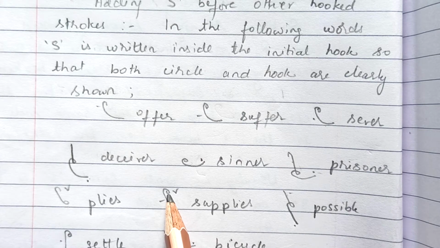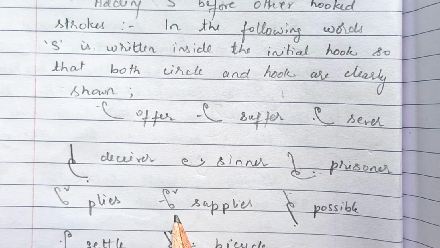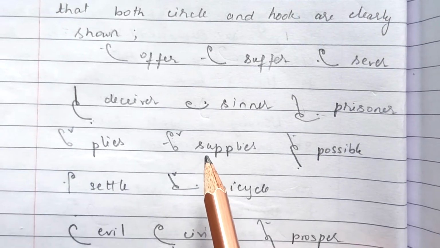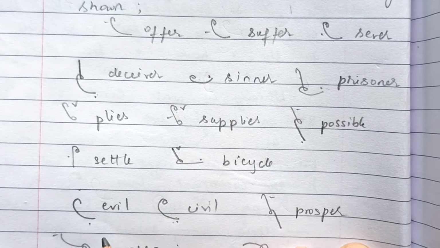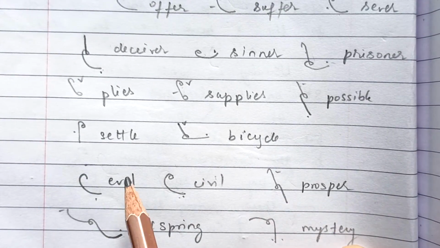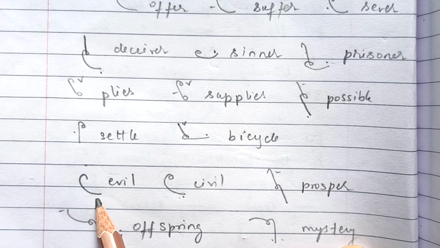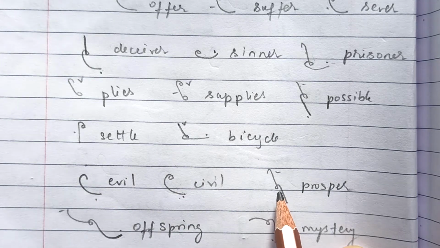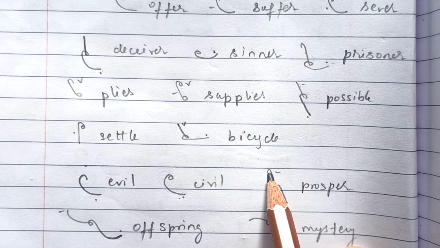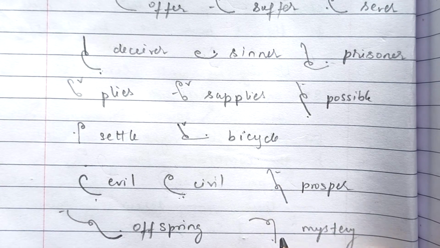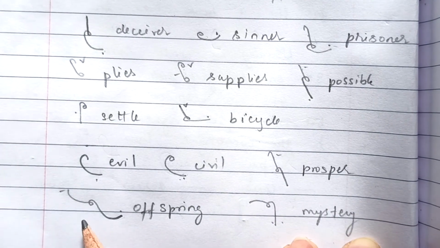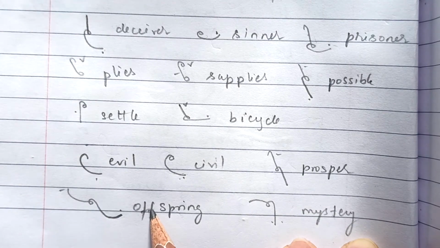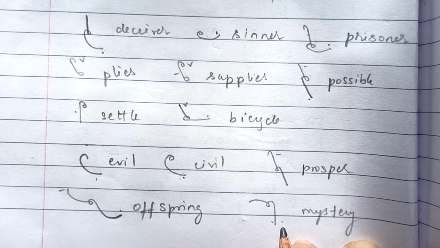So both the circle as well as the L are to be shown, both for the straight strokes as well as for the curved strokes. Further we have the words for full. So evil, civil, prosper, S and per, prosper, offspring, misery.